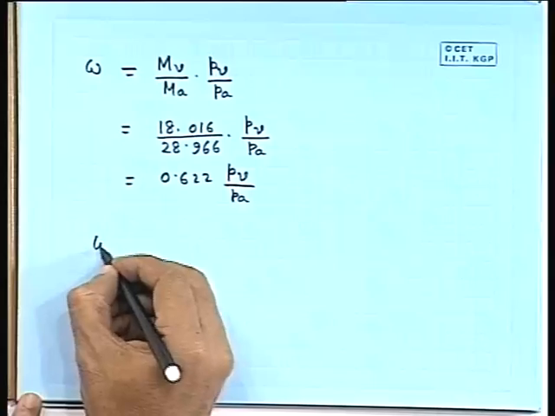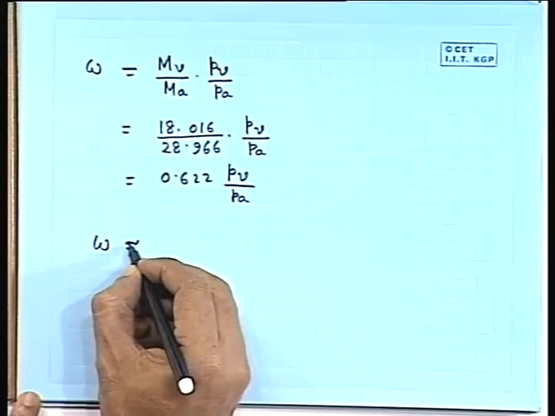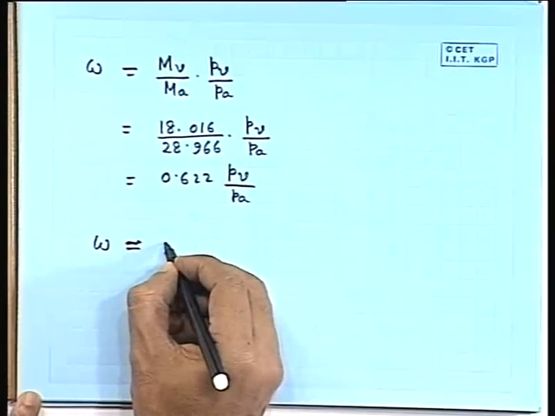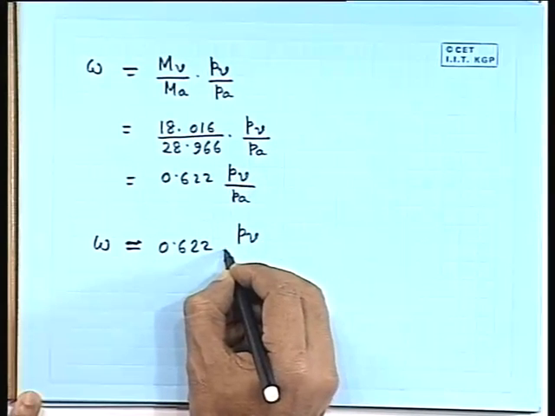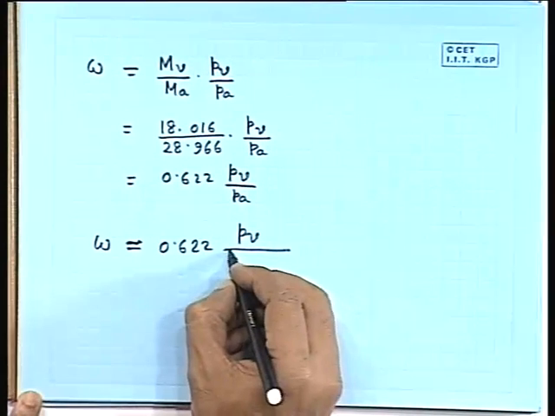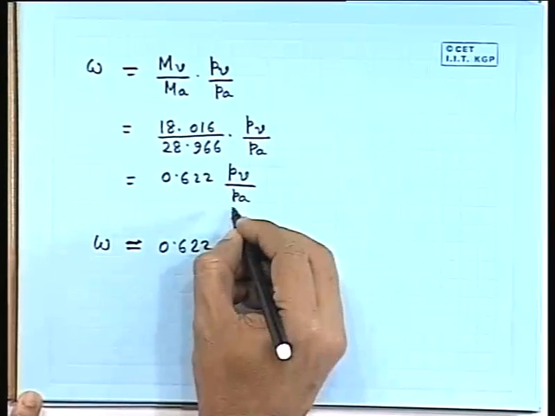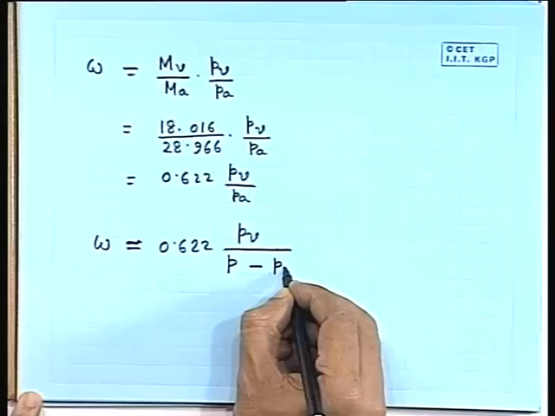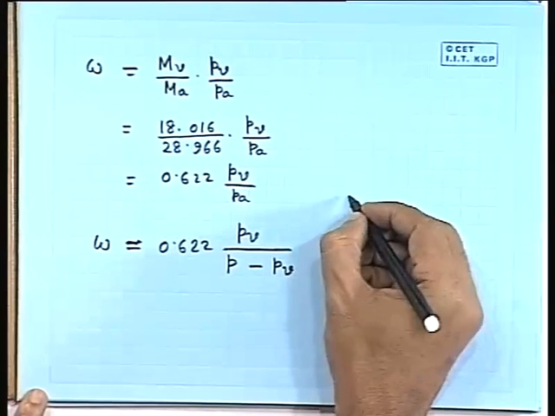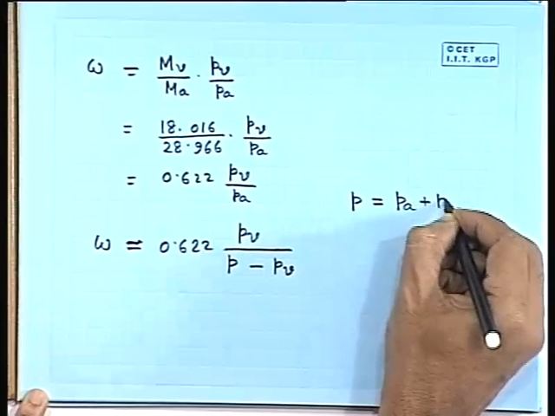We can make a slight simplification in this equation. We can write it as 0.622 Pv, the vapor pressure or partial pressure of water vapor, and instead of Pa we can write P, the pressure of the mixture, minus Pv, because from the law of partial pressures we know P is Pa plus Pv.